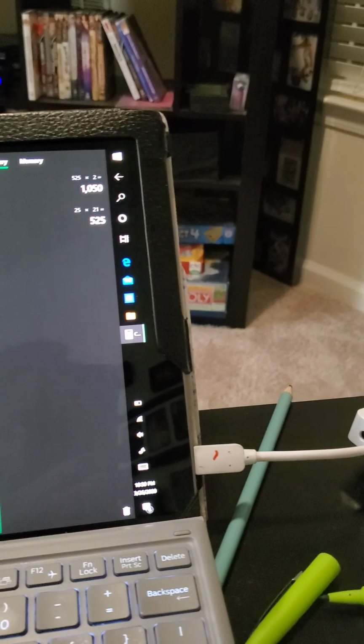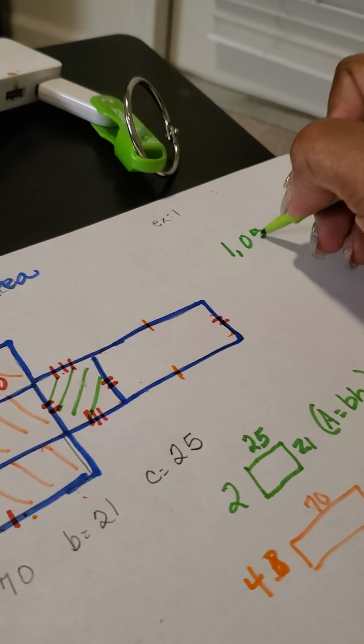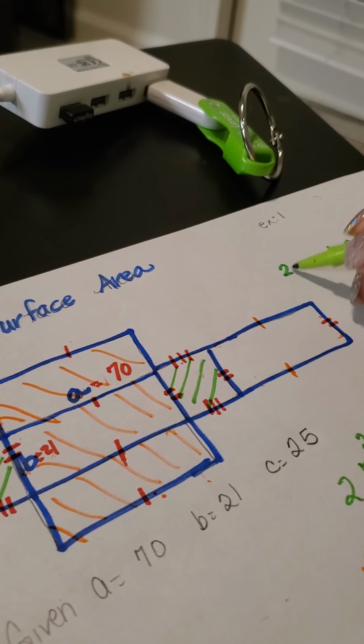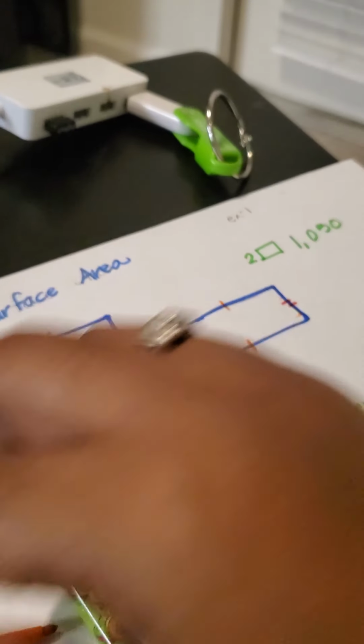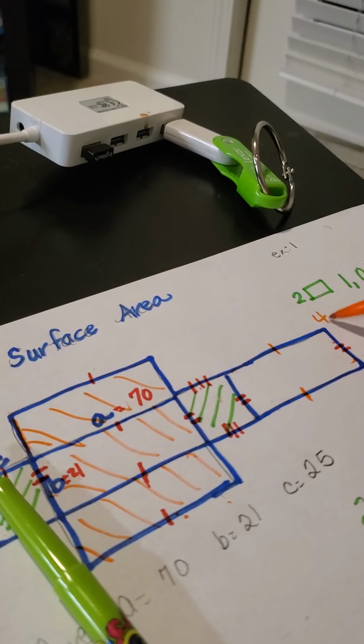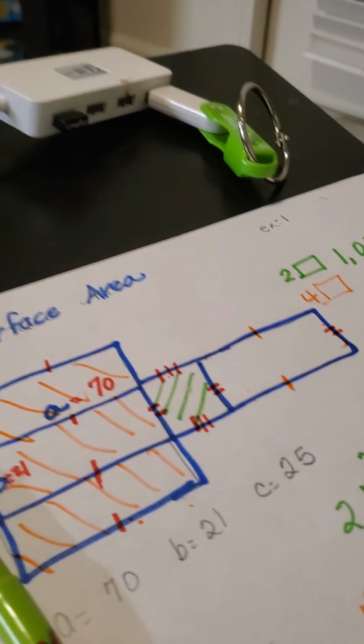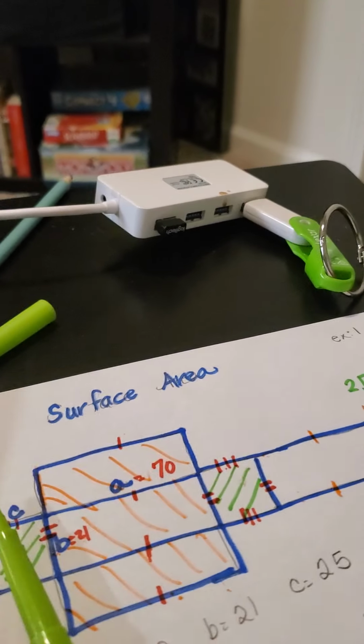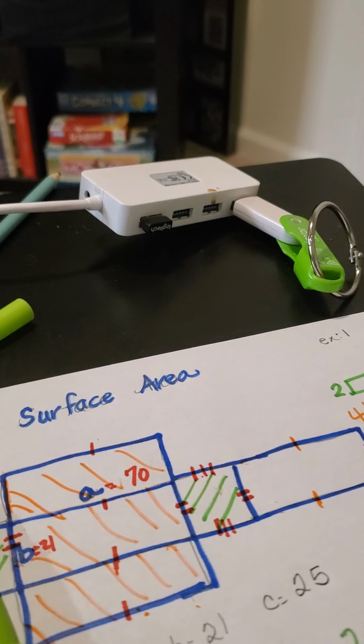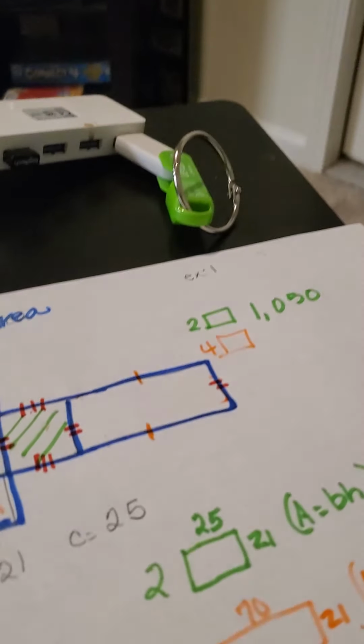So the 2 green are 1,050. Okay, so my 2 green. Okay, then I have 4 oranges, and they have a length of 70 by 21.